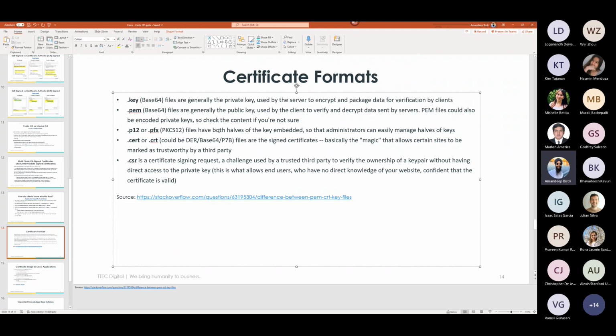And PKCS12 is the new interoperable format. It works on multiple systems, right? Unlike some of the other formats that might be out there that are specific to that technology, this one can work in multiple places.